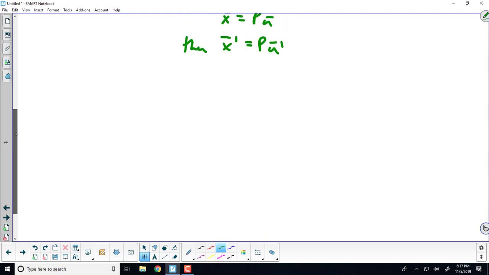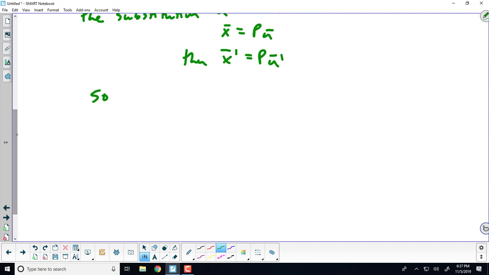So x prime bar equals A x bar becomes P U bar prime. Careful, that's not an inverse there, right? You don't have inverses of vectors. It's a prime. P U bar prime equals A, and then I'm replacing X with P U bar.